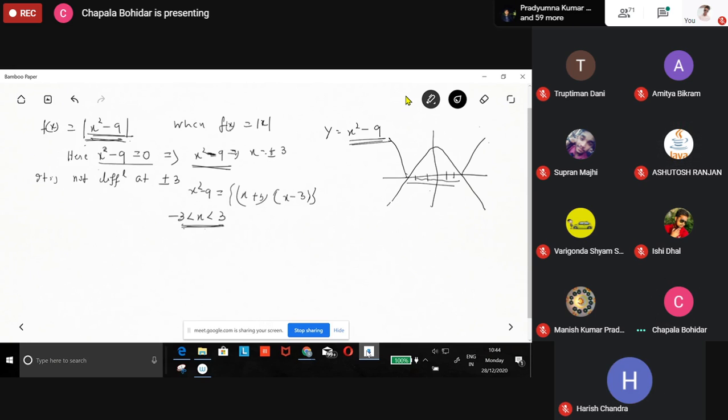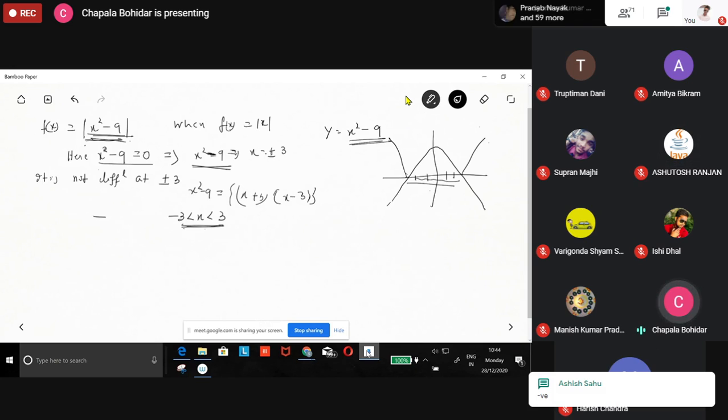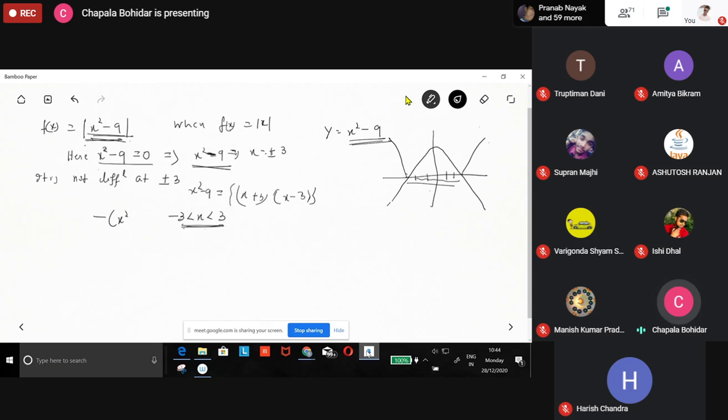Negative. All the values are negative. So I can write it as minus of x square minus 9. On this interval, the functional value f(x) is equal to this, I can write down like this.